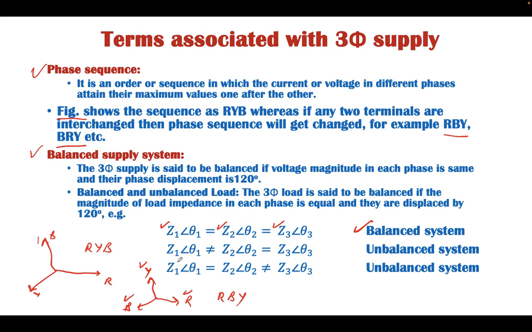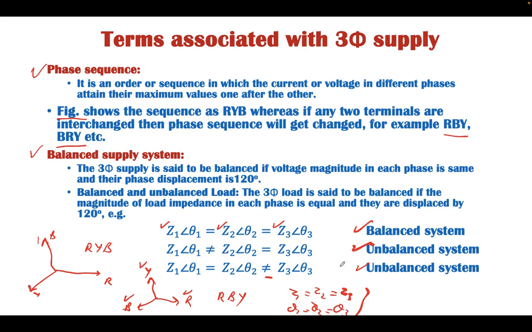However, if Z1 theta 1 is not equal to Z2 theta 2 but it is equal to Z3 theta 3, it is considered an unbalanced system. Similarly, if Z1 theta 1 is equal to Z2 theta 2 but it is not equal to Z3 theta 3, then also this system is considered unbalanced. For a balanced system, in other words, Z1 must equal Z2 must equal Z3 and theta 1 must equal theta 2 equal to theta 3.